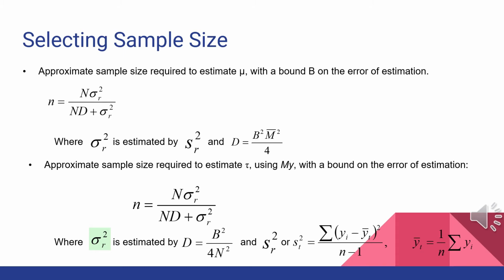Next, approximate sample size required to estimate the total tau with a bound on the error of estimation. n equals the same formula, where sigma squared r is estimated by D equals B squared over 4N squared, and s_r squared equals the summation of (y_i minus y-hat) squared over n minus 1.